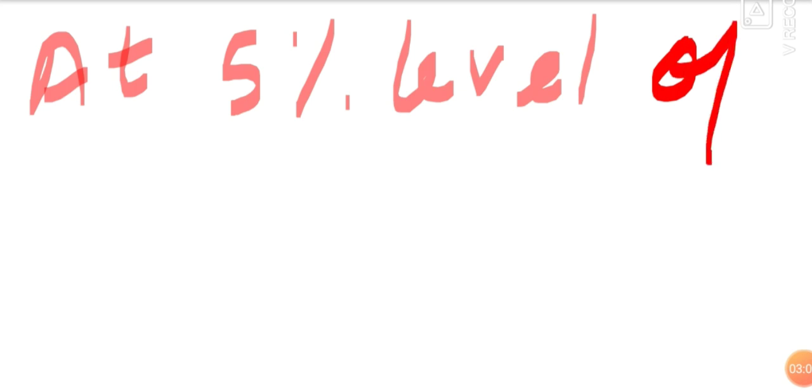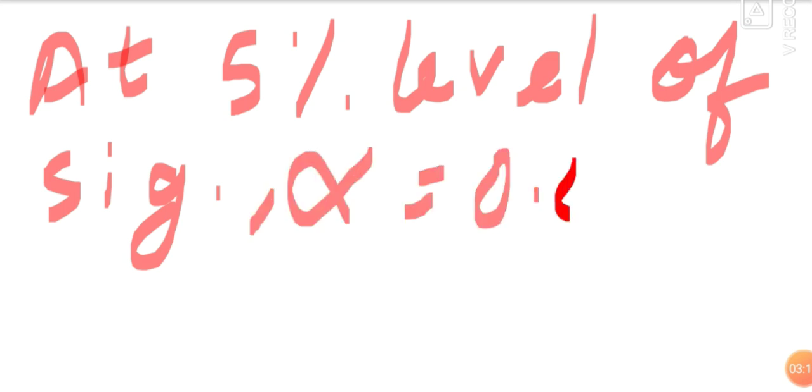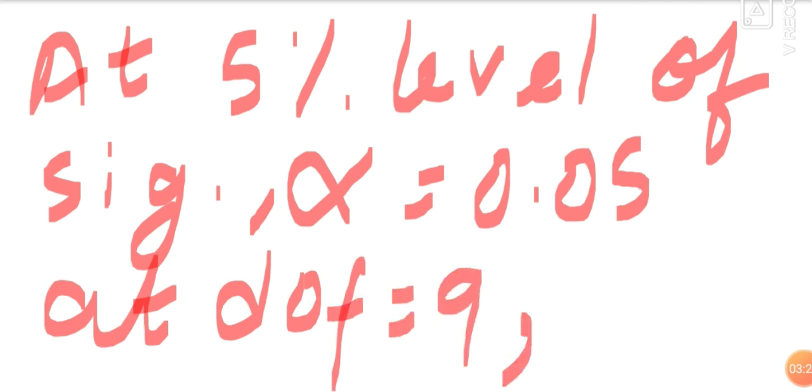Now at 5% level of significance, I'm writing SIG, that is significance, alpha, that is 0.05, and at degrees of freedom equal to 9, we need to find our value from the table of the t-test, where we get the value 2.26.